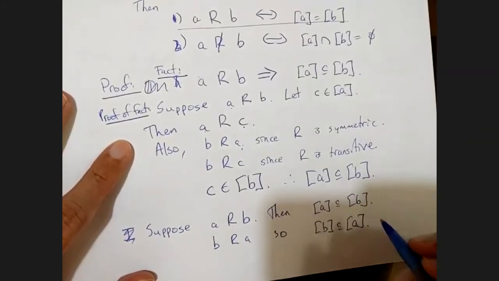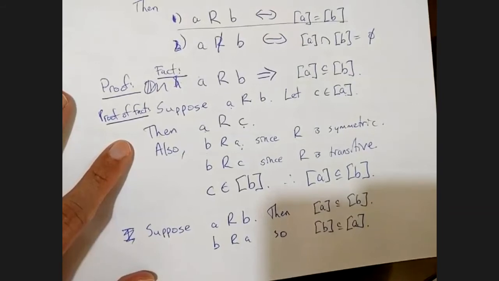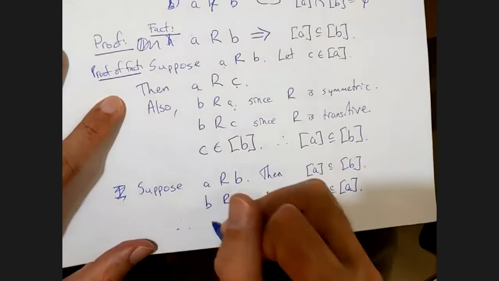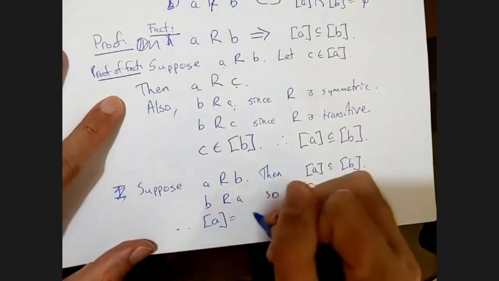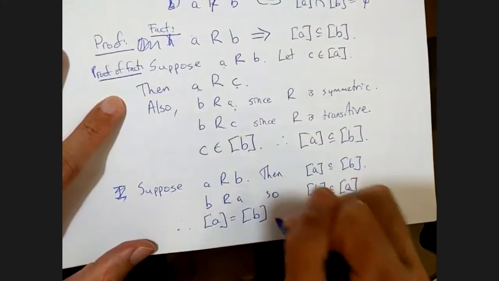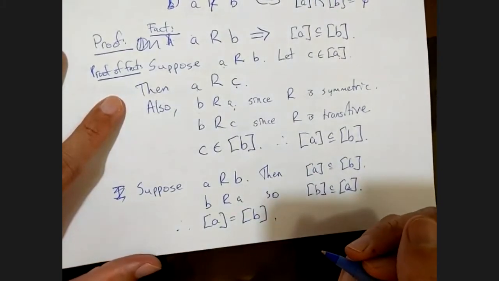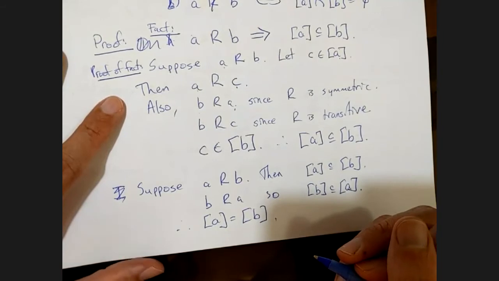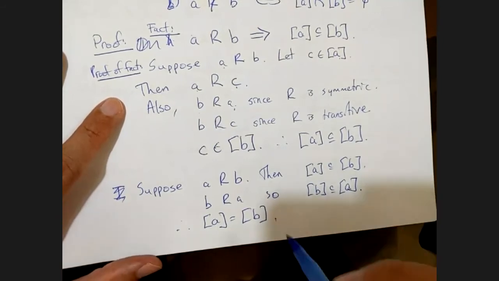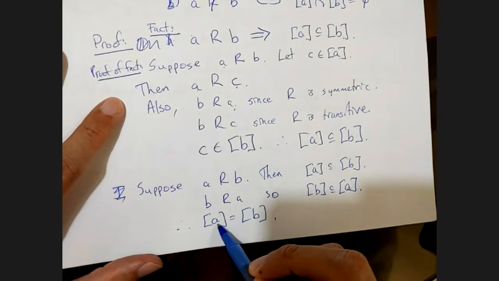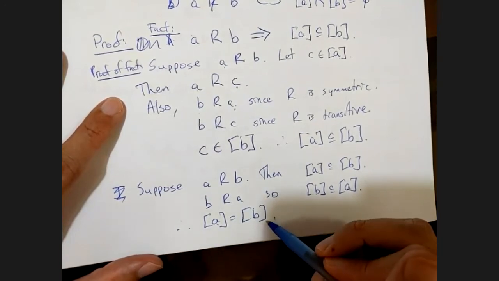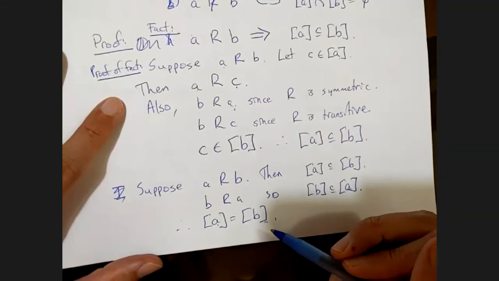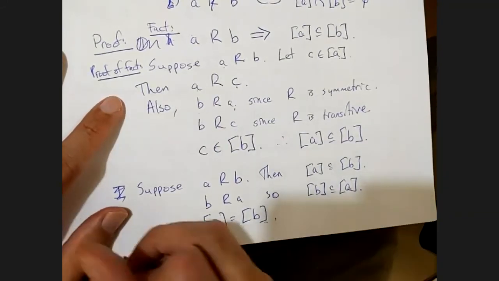So the equivalence classes are equal. Okay. So we've shown that if a is related to b, then the equivalence class of a is equal to the equivalence class of b. Now let's suppose that a and b have the same equivalence class.